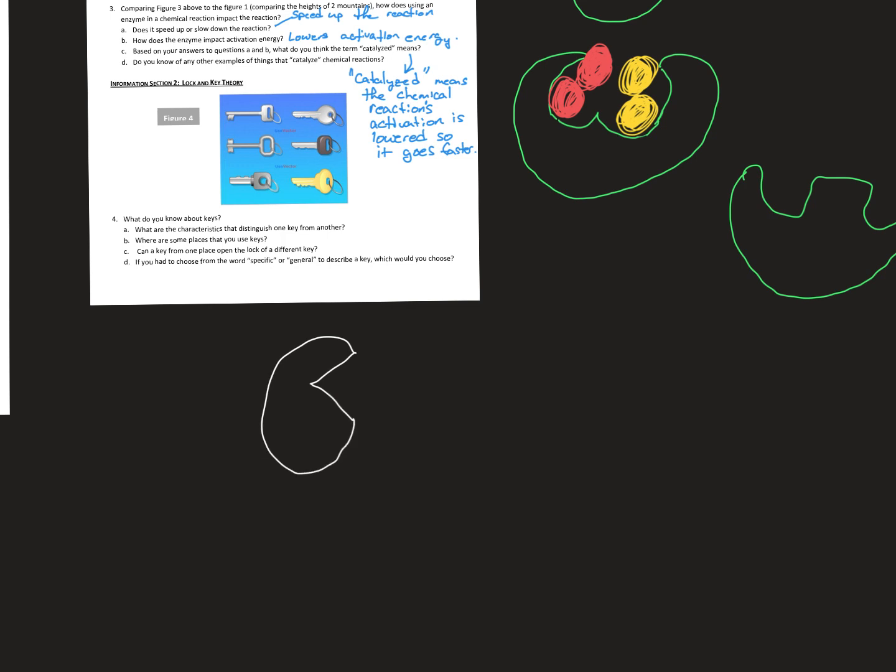So, for instance, if a substrate has this triangular shape, just as an example, it'll fit, and the enzyme will do its job, even if the substrate is slightly askew, even though the substrate might have slightly different shapes on the other end.